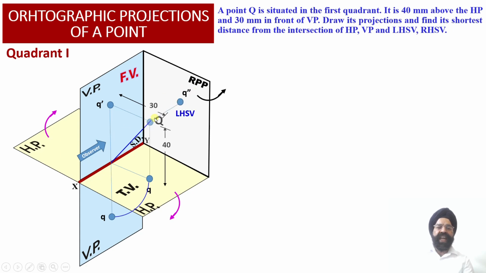So the left hand side projection of this particular point Q will be available on the right profile plane at this position, and this point will be named as Q double dash.